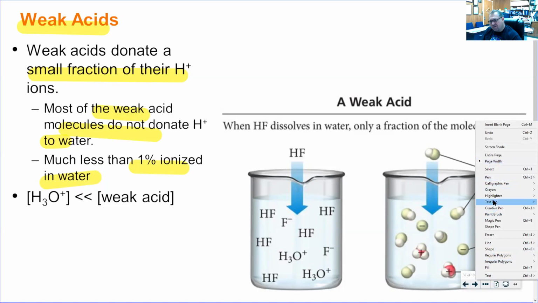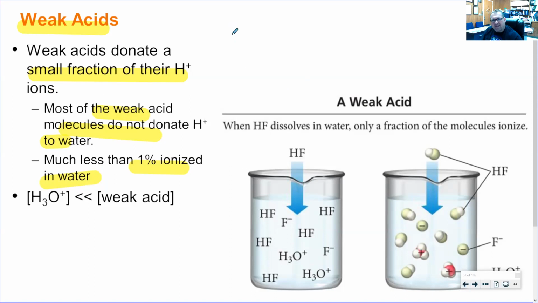What does that mean? So let me get a pen back up here. If I look at a weak acid like acetic acid, HC2H3O2, and it dissociates into H plus and the acetate ion, C2H3O2 minus, there's the acetate ion.